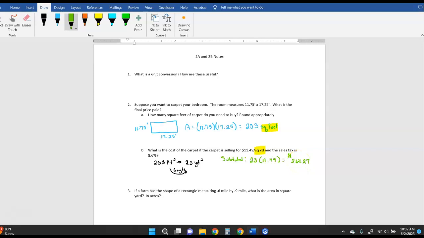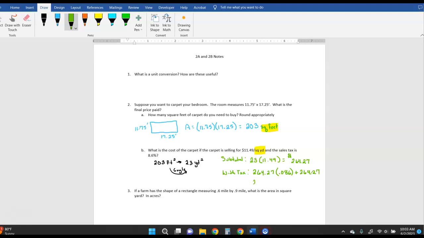And now we want the total with tax. We can do this a couple different ways. We can take $264.27 times 0.086, changing our percent to a decimal, and then add the $264.27 back into that.